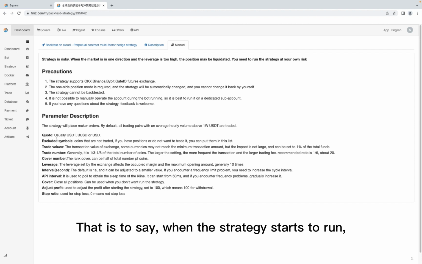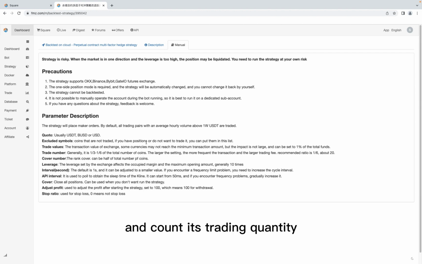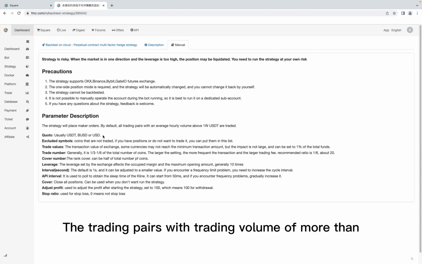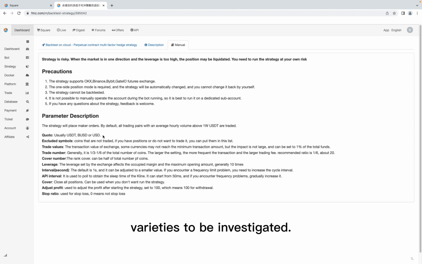That is to say, when the strategy starts to run, it will scan the market data of the whole market and count its trading quantity in the whole market. On an hourly basis, the trading pairs with trading volume of more than 5,000 USDT within an hour are all used as the varieties to be investigated.